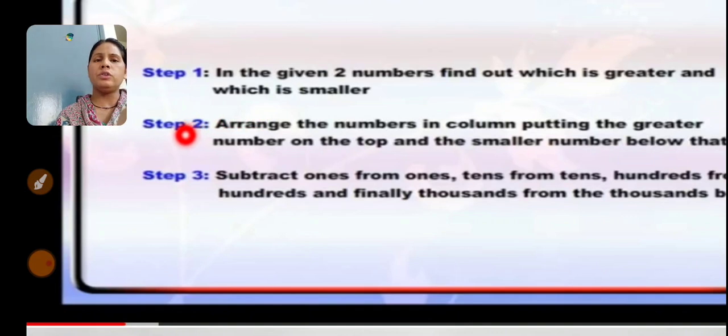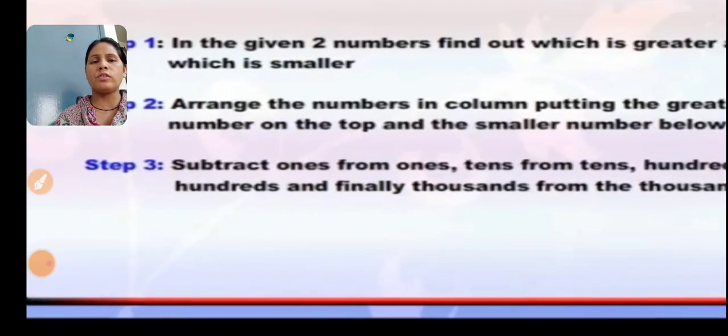Step number 2, arrange the numbers in a column, putting the greater number on the top and the smaller number below that. Step number 3, subtract ones from ones.